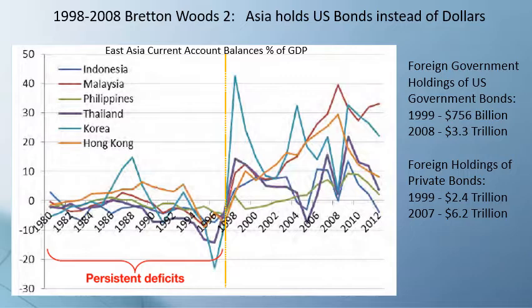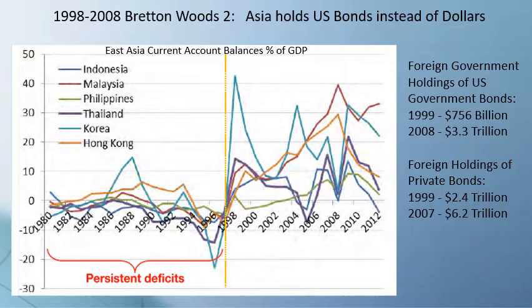So the funds from the surpluses that they're running are then used to build up massive foreign reserves by buying government bonds, right? By buying US bonds and private bonds.